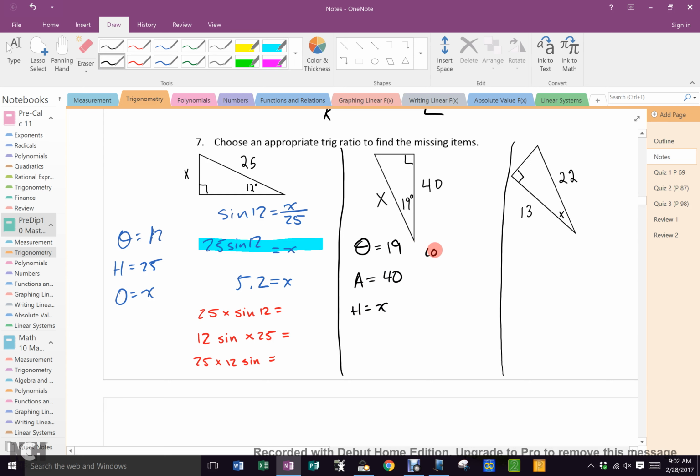Cos. So cos theta, oops, not theta. Cos 19 equals adjacent 40 over hypotenuse. When the unknown is on the bottom, what do we do? Divide. So x equals 40 divided by cos 19.